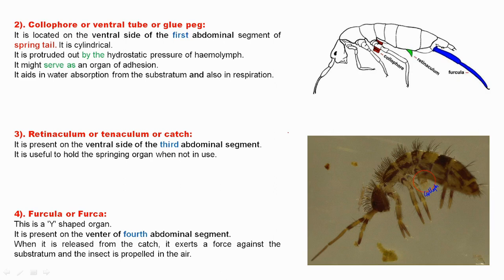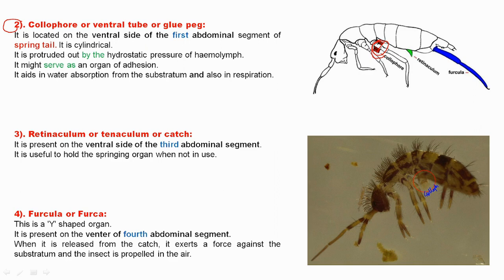The next abdominal appendage is the colophore. See here, red colored. Colophore or ventral tube or glue peg. This is a cylindrical structure present on the ventral side of the first abdominal segment, and it is protruded out by the hydrostatic pressure of hemolymph.